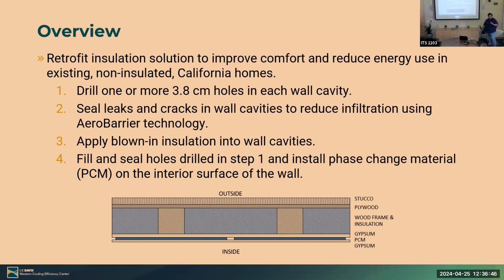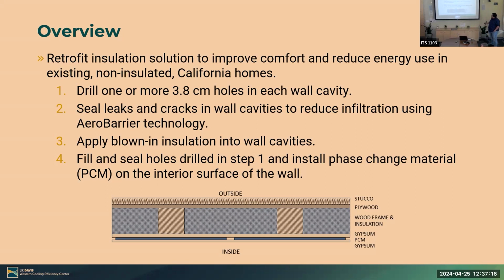This process involved drilling 3.8 centimeter holes in the wall cavity, sealing leaks and cracks in the wall using Aeroseal technology, reducing infiltration, and applying blow-in insulation, specifically I think it was R-15. Once that's done, we would fill and seal the holes, apply PCM to the exterior of the wall, and then put another sheet of gypsum on top of the PCM to return the home to the aesthetic state that it was in previously.